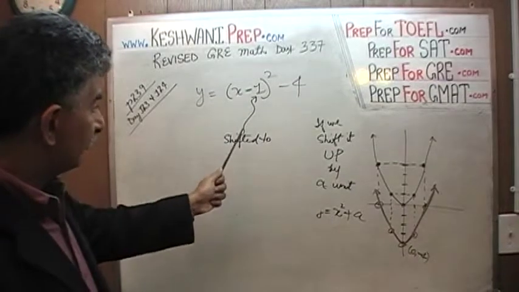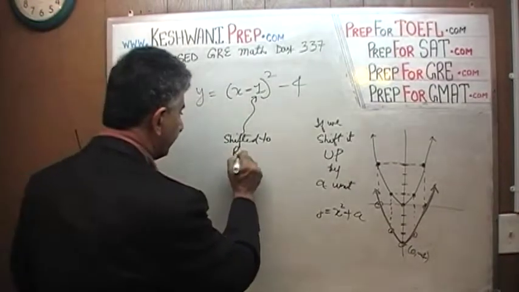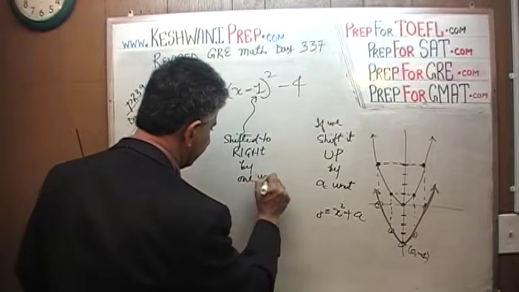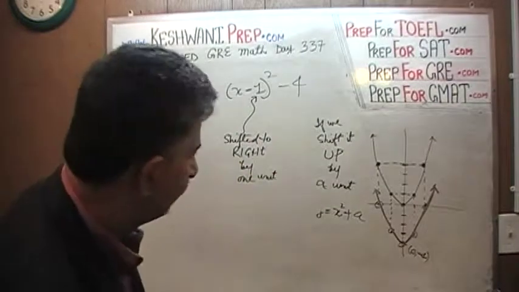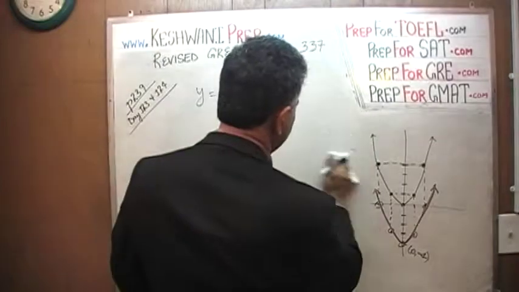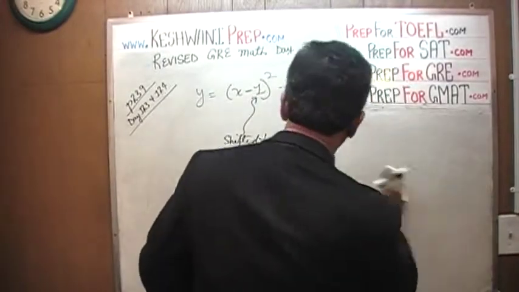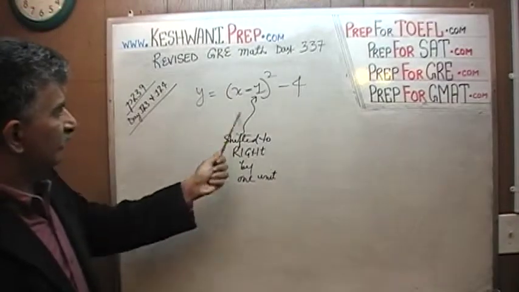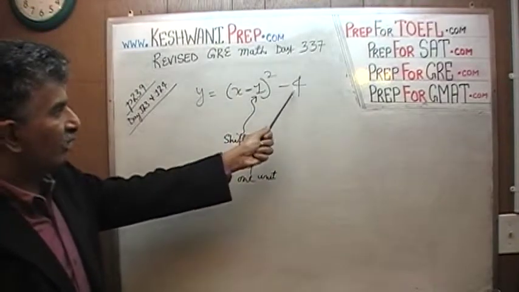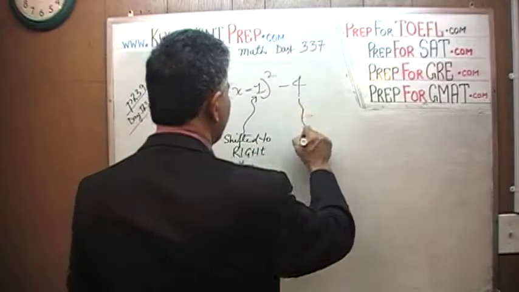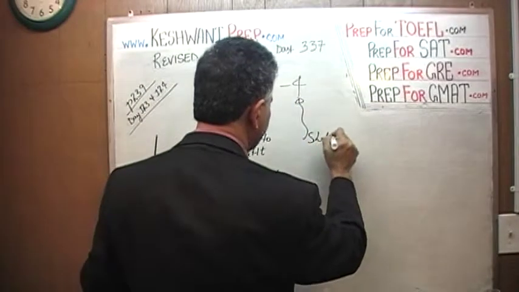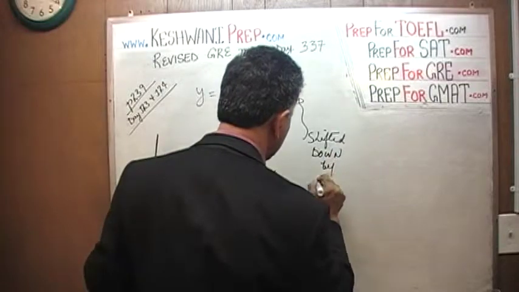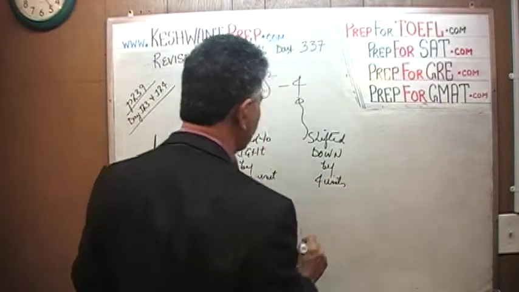Because it is minus 1, it is shifted to the right by 1 unit. And then we have minus 4. Whatever the value of the y was before, now it's 4 less than that, which tells us that it has been shifted down by 4 units. That's all.